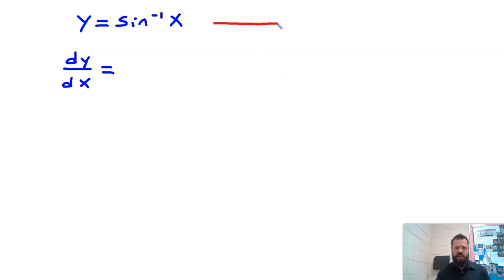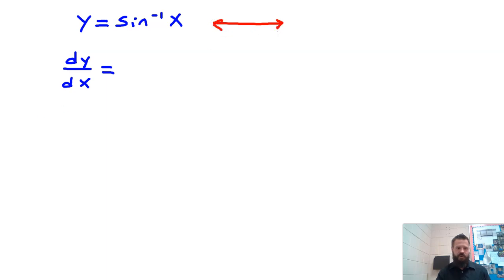Now, like usual, we want to think about where these different rules are coming from. So we're going to take a couple minutes and just show you how we'd come up with that rule for the derivative of sine inverse. If I have y equals the sine inverse of x, I want to figure out what dy over dx is equal to. To do that, I'm actually going to switch this to regular sine form.